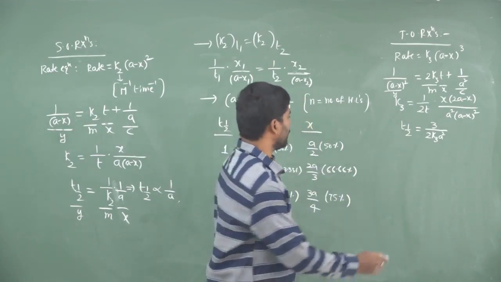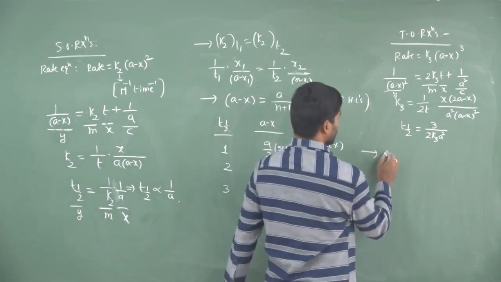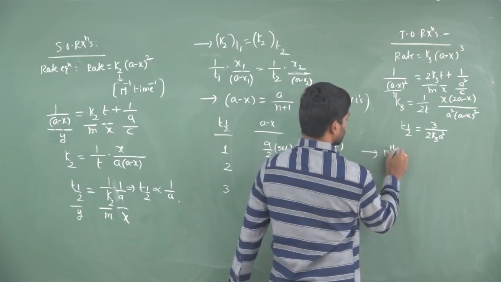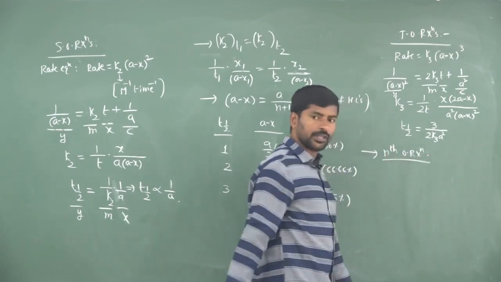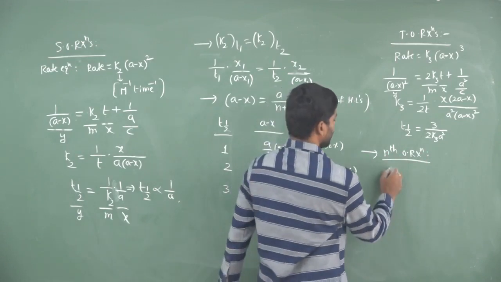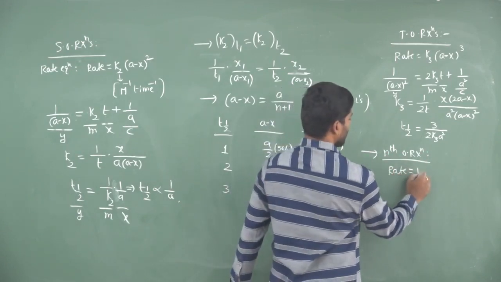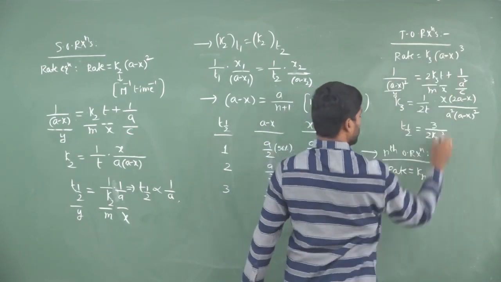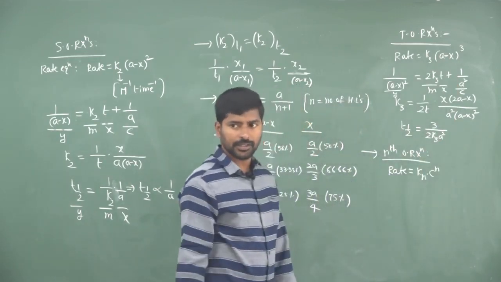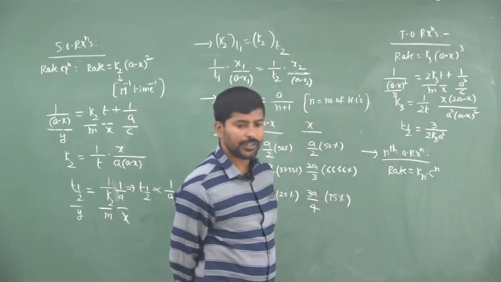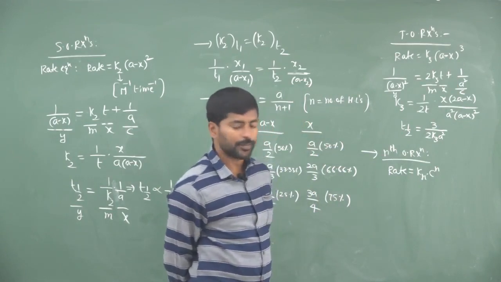Okay, so for an nth order reaction, what do we get? Rate is equal to Kn into C power n, concentration power n, or (a minus x) power n. Rate is equal to Kn into (a minus x) power n or C power n.